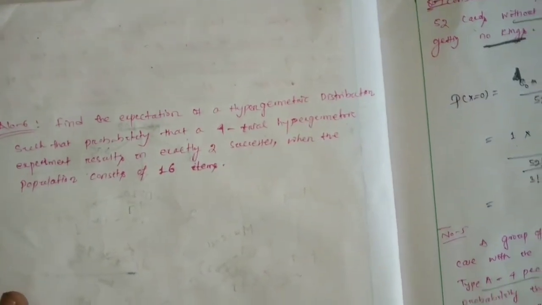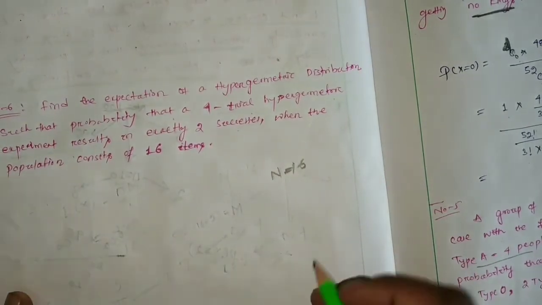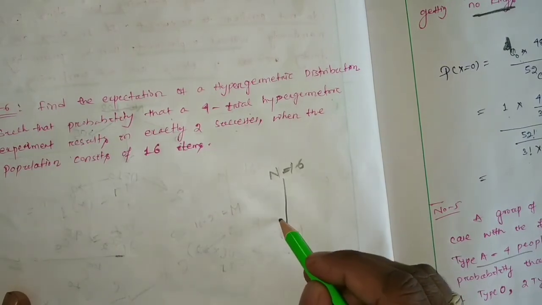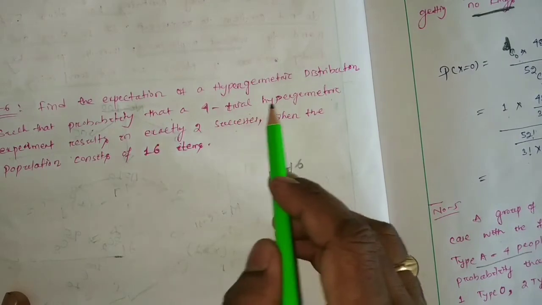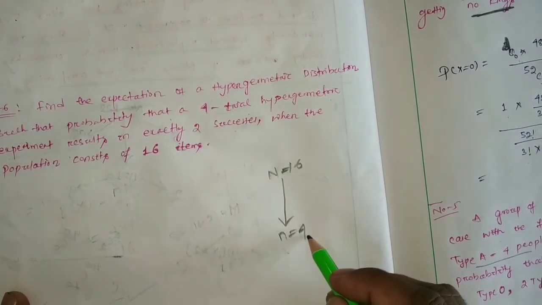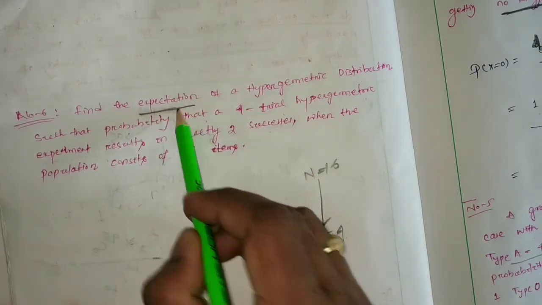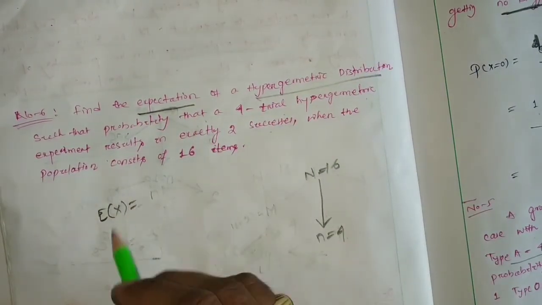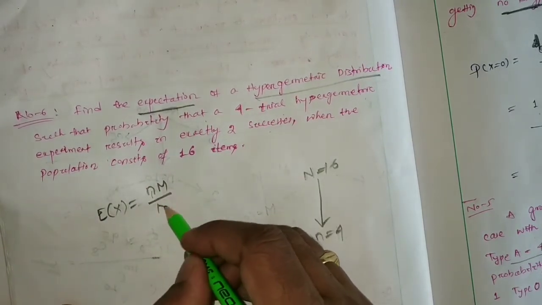So capital N equal to 16, and small n equal to 4 trials. The expectation of the hypergeometric distribution is nothing but small n times capital M by capital N.